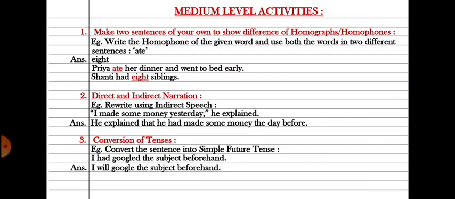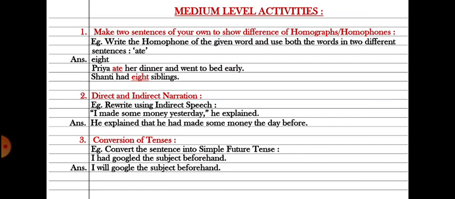Past tense. It is used to describe an action that has been completed or has happened earlier. It is further divided into 4 types: simple past tense, past continuous tense, past perfect tense, and past perfect continuous tense.